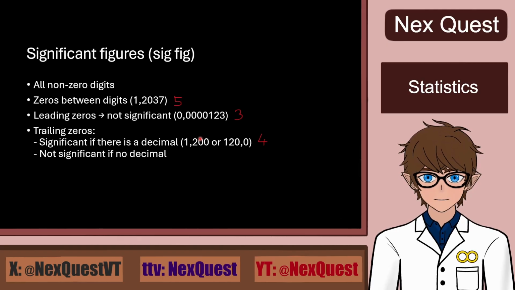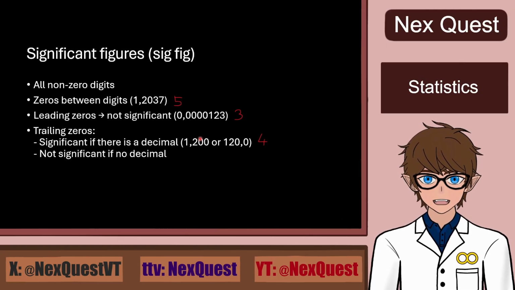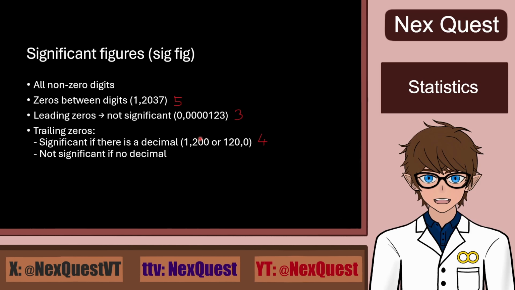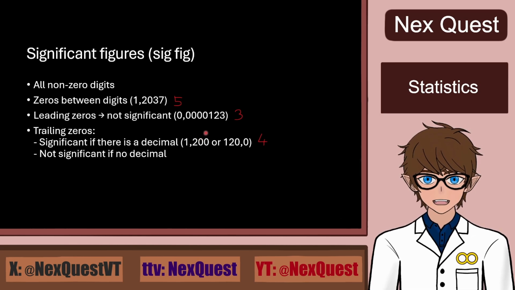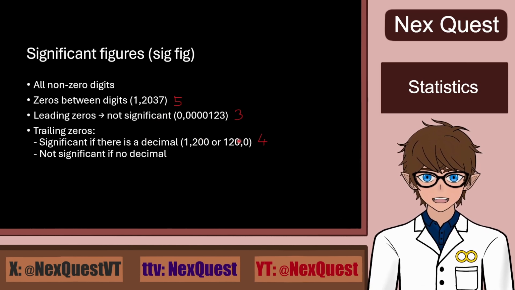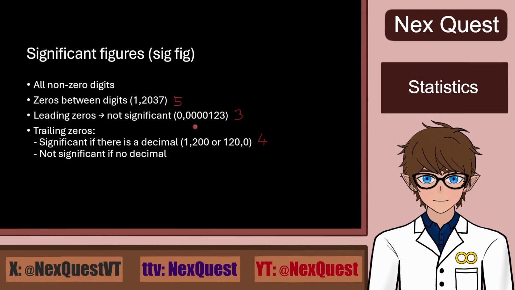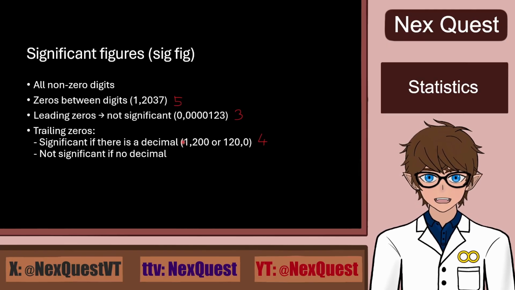So 1200, sure, you can write it as 12 times 10 to the power of 2. I think that's the one I gave as an example. And that gets rid of the zeros. But those digit places will always be there.